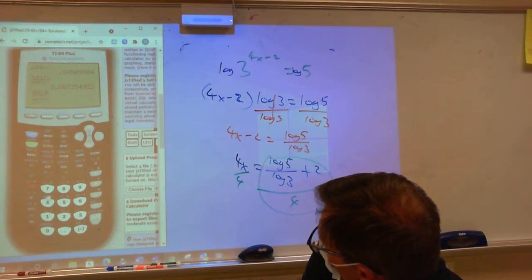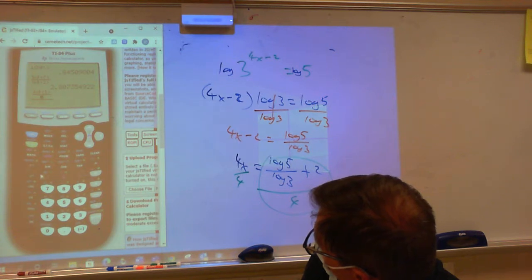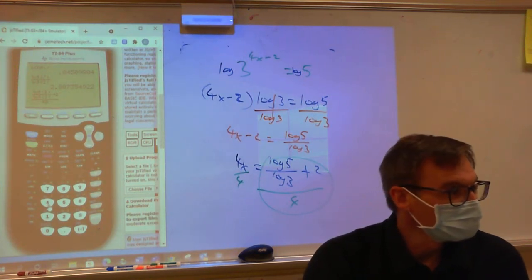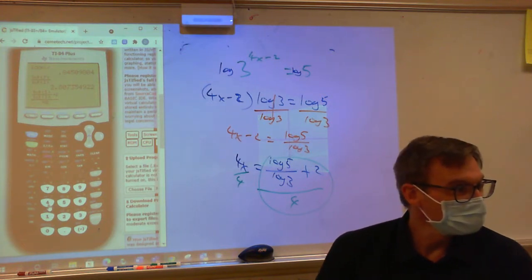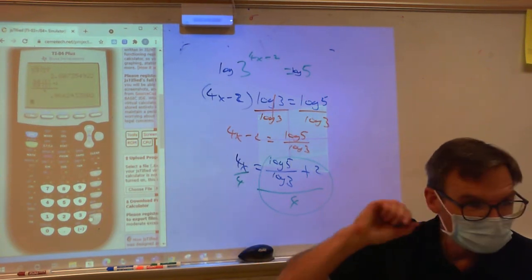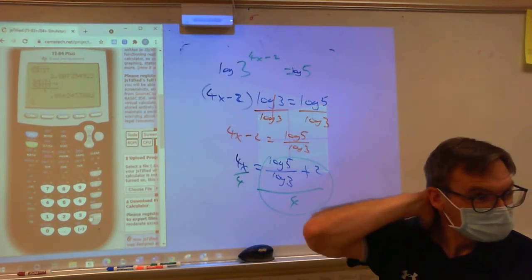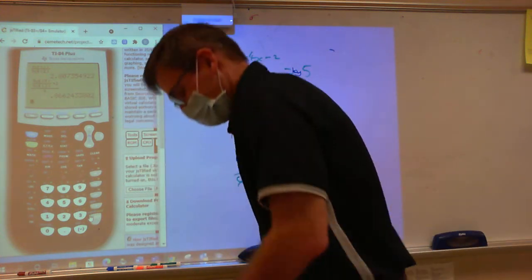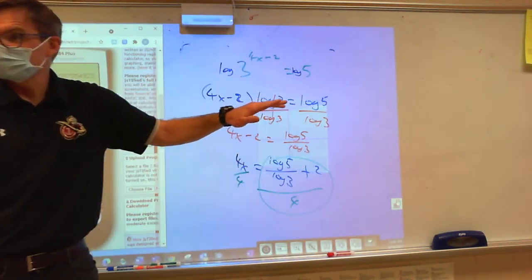So I'm going to hit log 5 over log 3 off to the right plus 2, and all of that over 4. Isn't that nice how the calculator makes it look just like what it's supposed to? And you press enter and whatever ugly number. Does that make sense? All right, are we kind of okay with this?